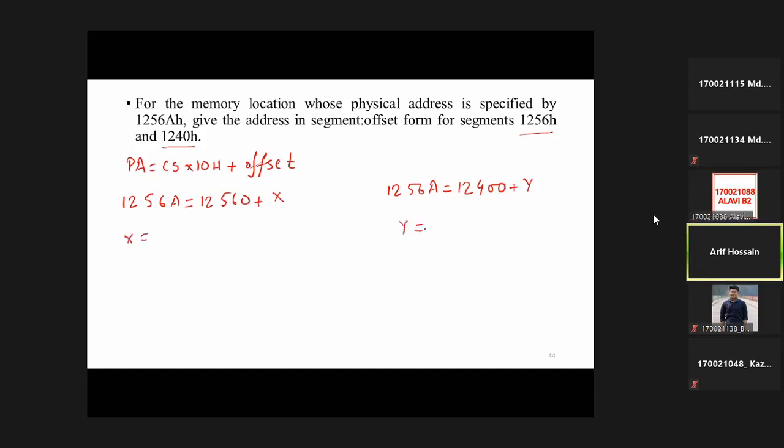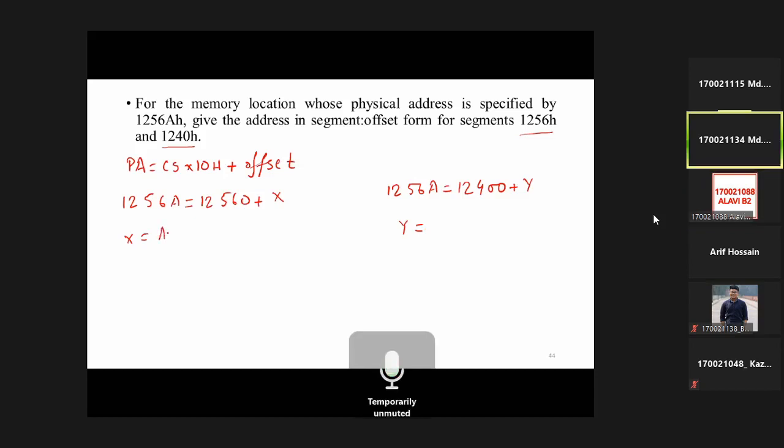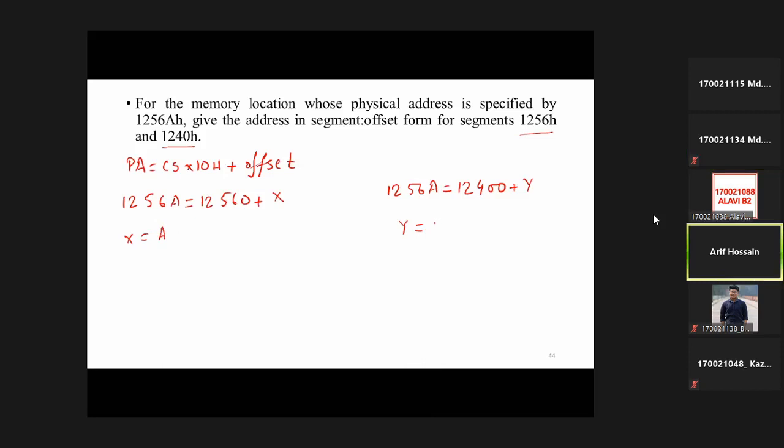Simply put it in your calculator, take it in hex mode, and do the subtraction. You will get the result. What will be the value? Sir, the first one is A and the second one is 16A. A, and what will be the value of Y? 16A, definitely.